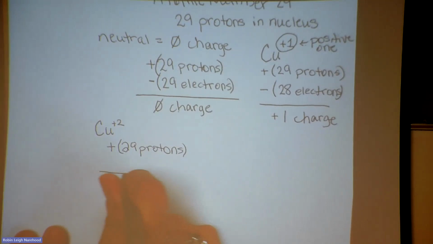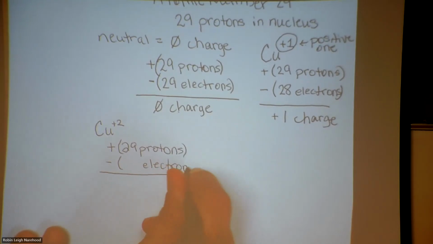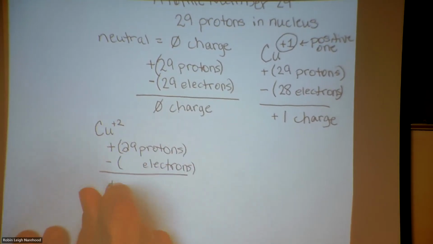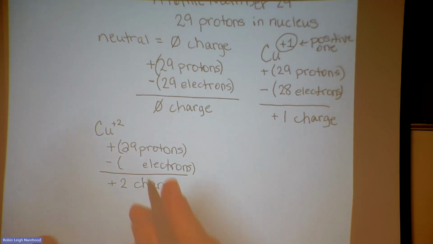When I add that with the electrons, I end up with a positive 2 answer. So how many electrons does the positive 2 copper ion have? 27.